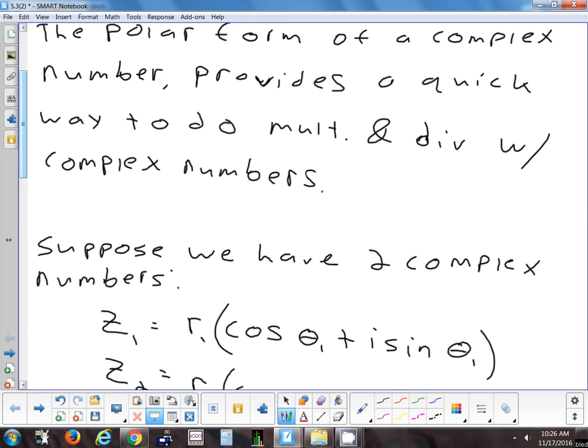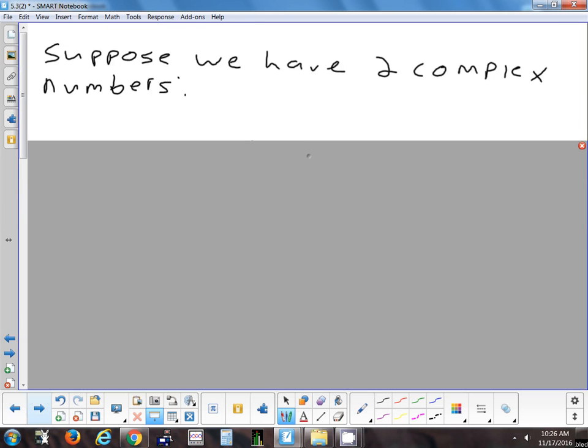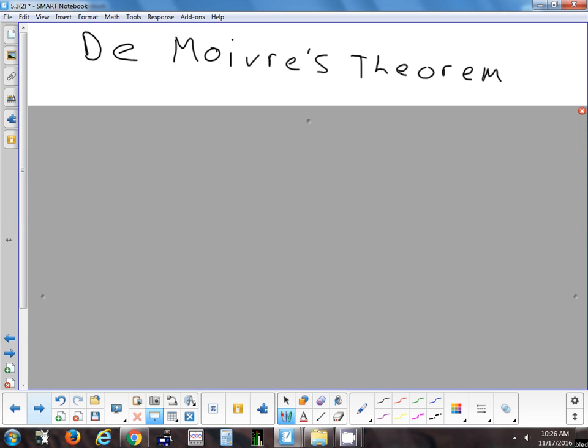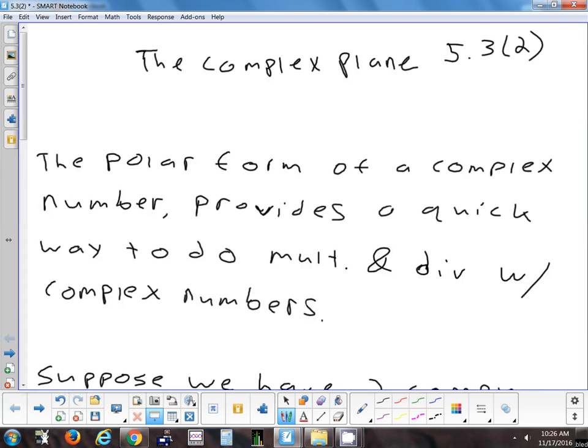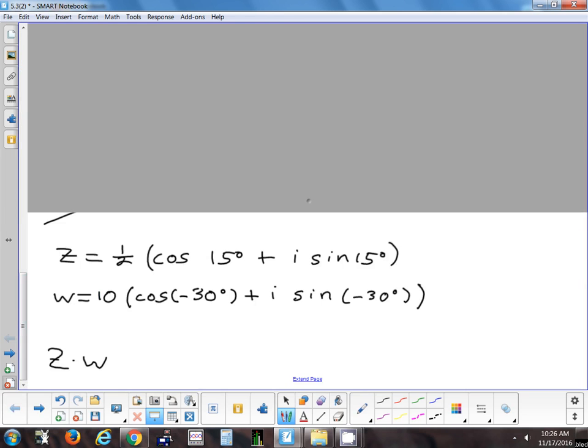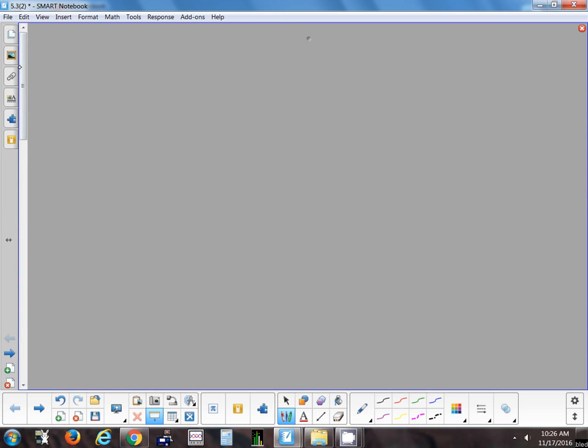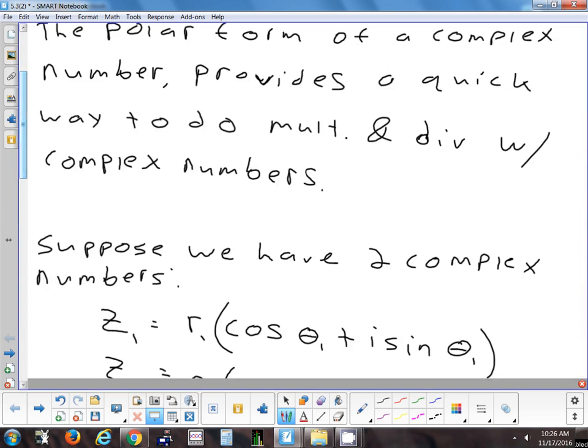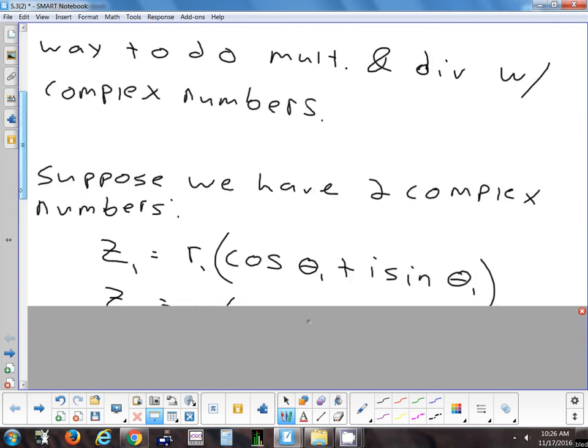When we do an actual problem, you'll be given a radius and an actual angle. Okay, so you'll have numbers. So Z1 is R1 cosine theta 1 plus I sine theta 1.